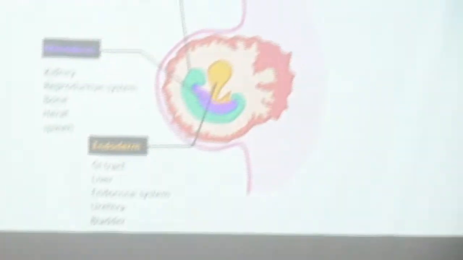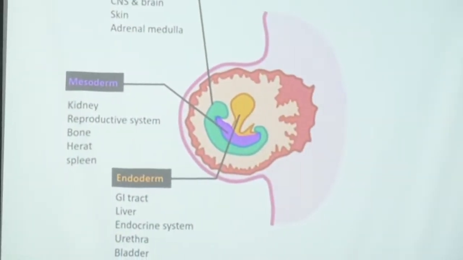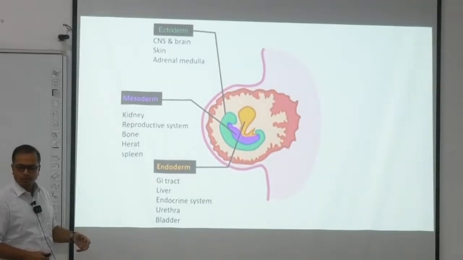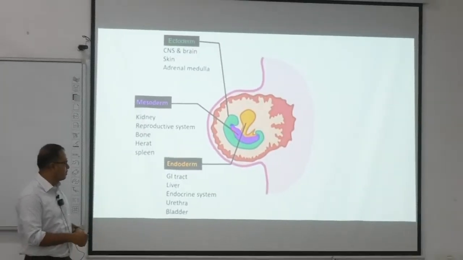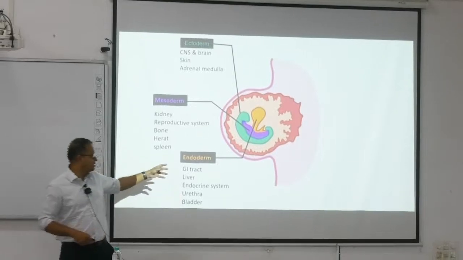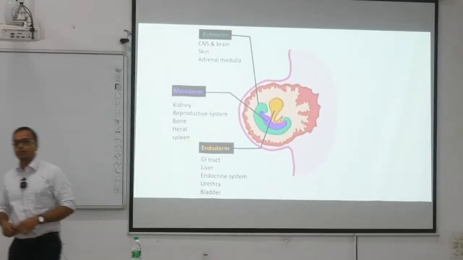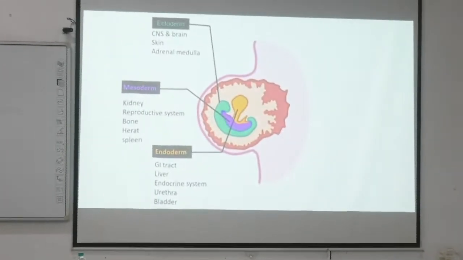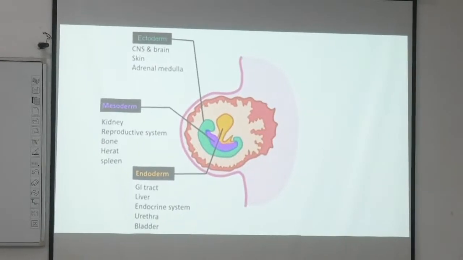Endoderm gives the GI tube, that means the intestinal tube, which we are going through in the embryology classes. We are going to talk about the liver and the urinary bladder, etc. They are developed from the endoderm. So each of these components comes from each of these layers. That's what we have to know.